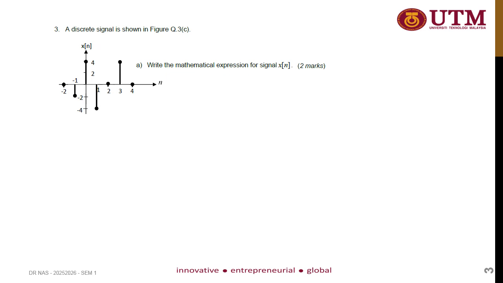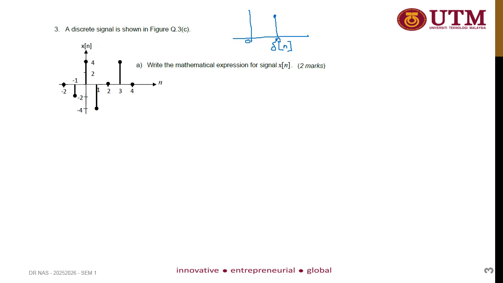You need to revise back. If you have only one point, this is known as a unit impulse and the equation is delta n. Depending on its position, it begins from 0 up to n. So again, you need to consider the shifting position.